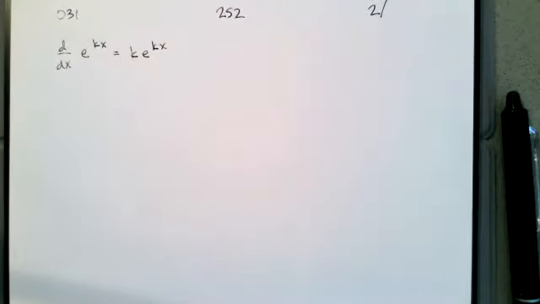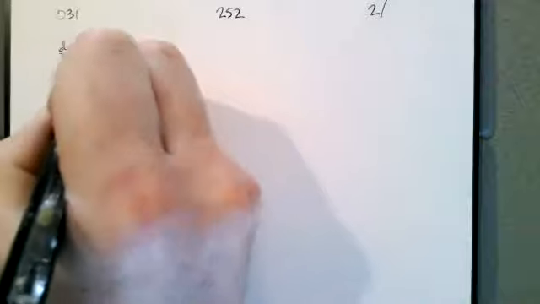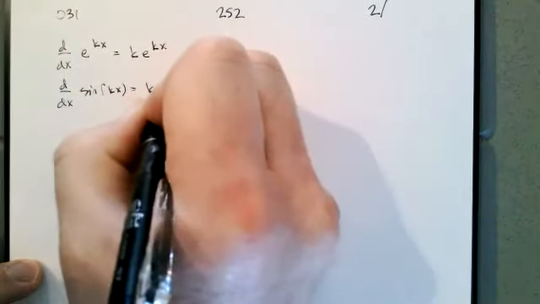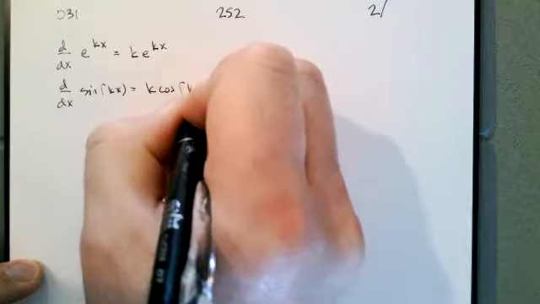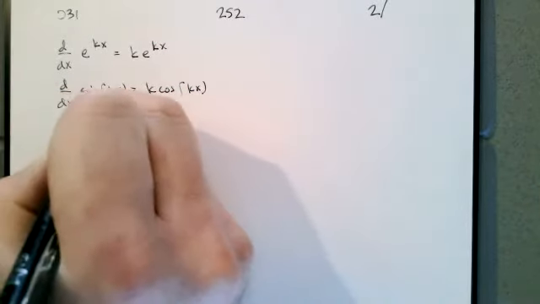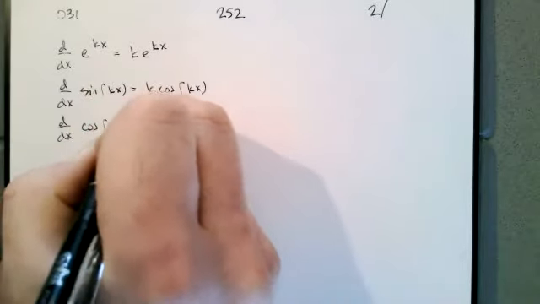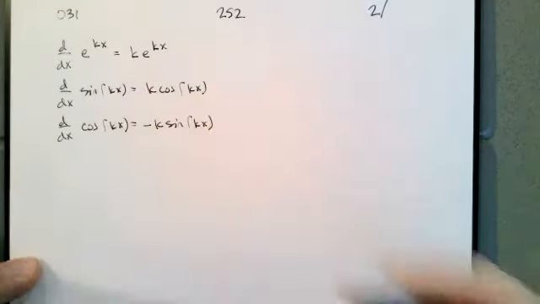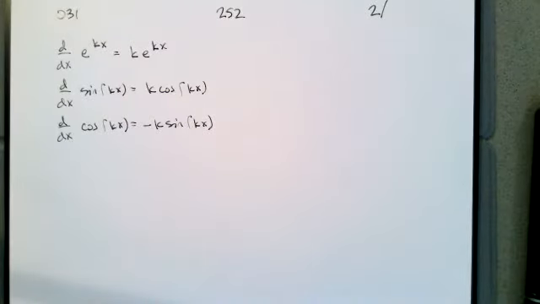And we want to be able to see the chain rule when we take the derivative of sine of kx and get k cosine of kx, or the derivative of cosine of kx is negative k times the sine of kx. We want to see the chain rule when the derivative of the inside is just a constant. So that's what's going on in these examples.